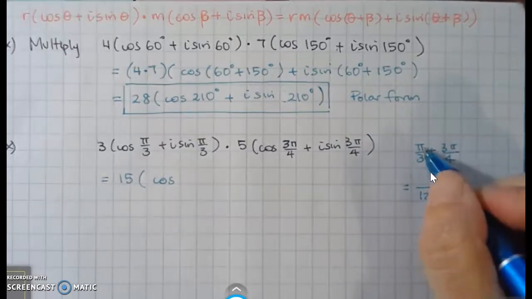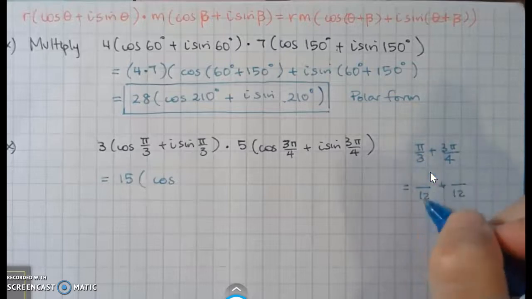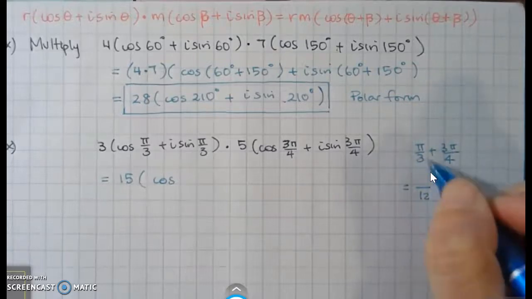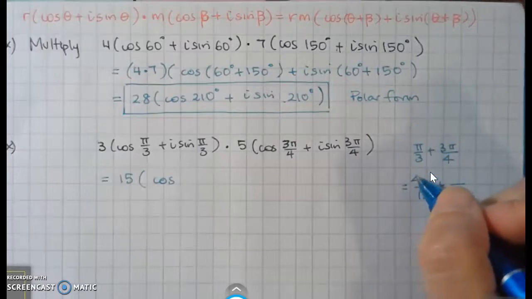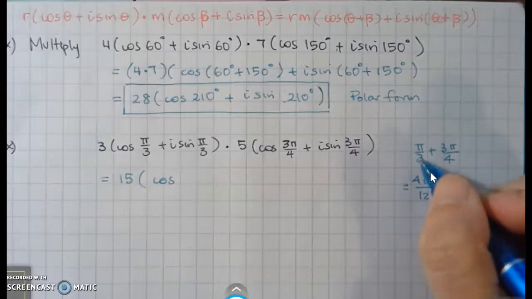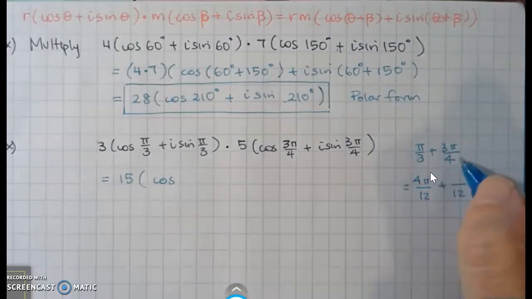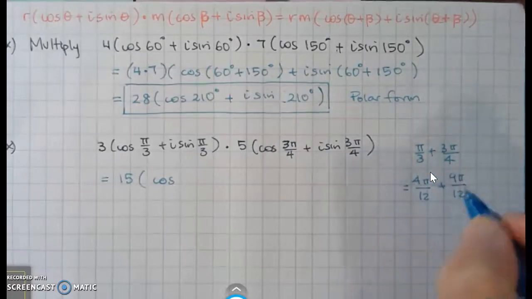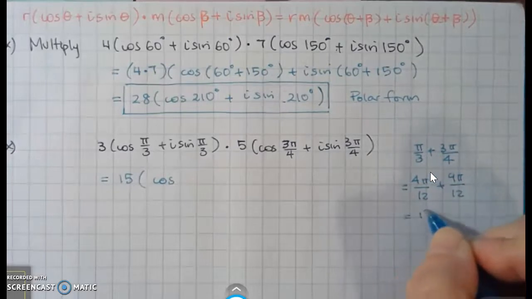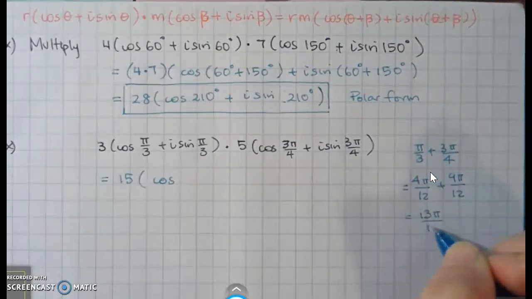So what am I multiplying to the first fraction to get 12 as my denominator? I am multiplying to the bottom 4. So I need to multiply to the top by 4. So that becomes 4 pi over 12 is equivalent to the first fraction. And to the second fraction, I need to multiply by 3, so that becomes 9 pi. So I am adding 4 pi plus 9 pi, which is 13 pi over 12.